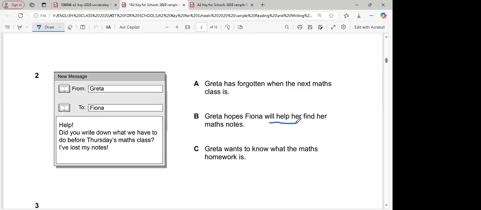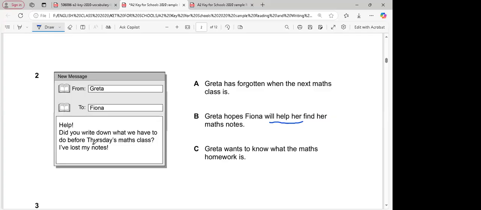Will help her find. This particular idea isn't mentioned in the message. Did you write down what we have to do? The question is simple: before Thursday, maths class. So she wanted to know what to do before Thursday, the homework, something like that.